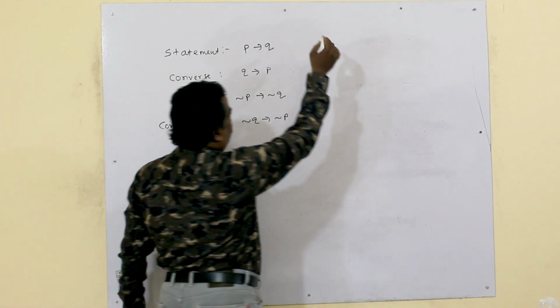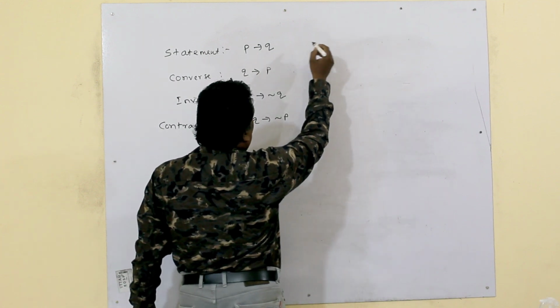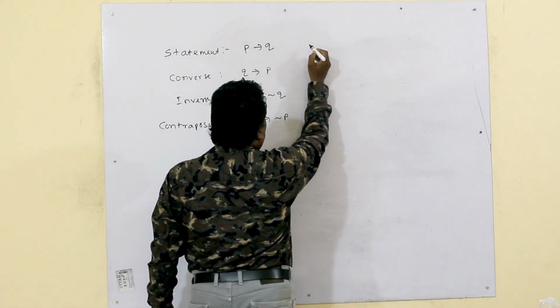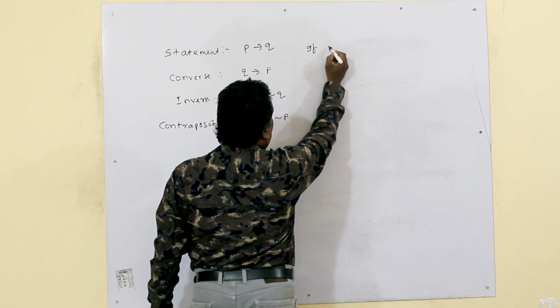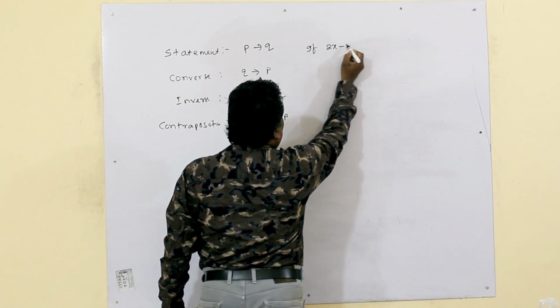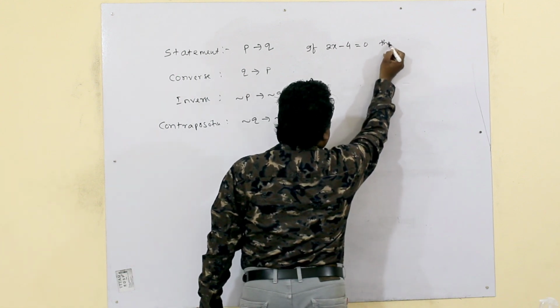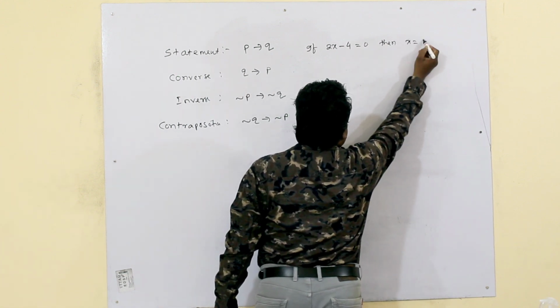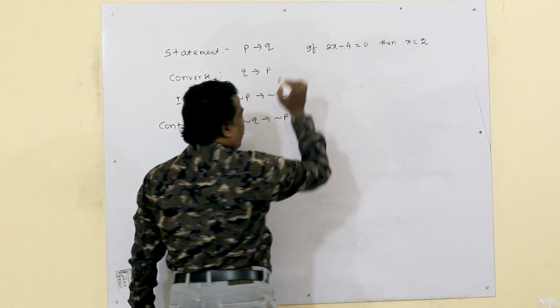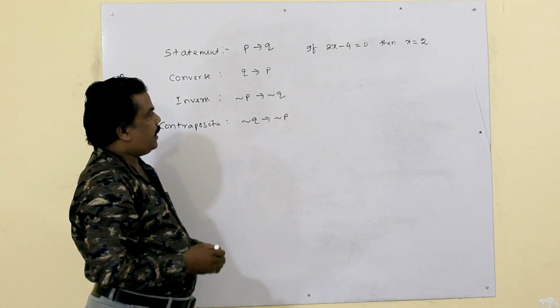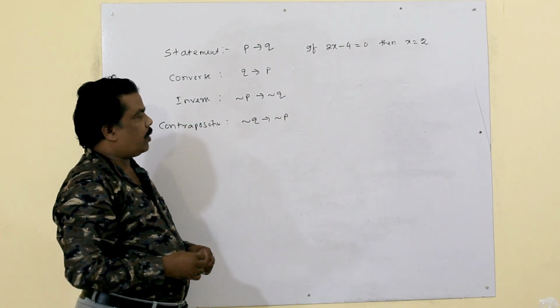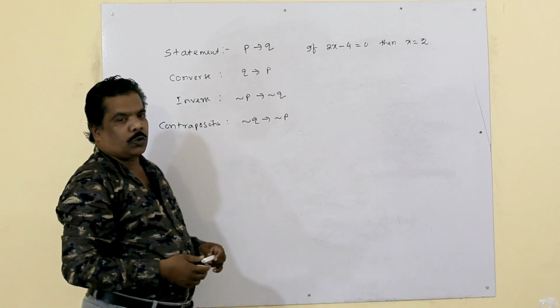Let's take an example. Suppose a statement is given that if 2x minus 4 is equal to 0, then x is equal to 2.